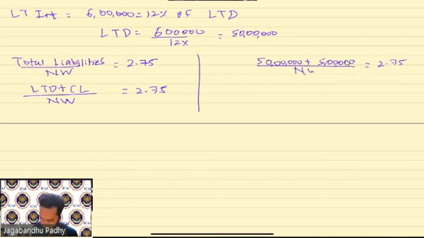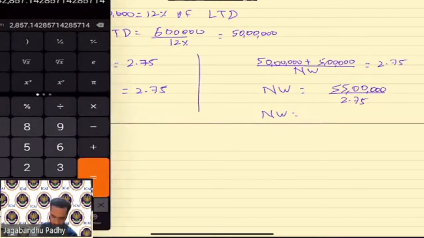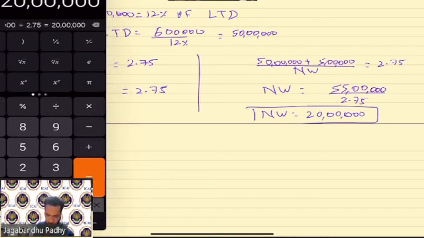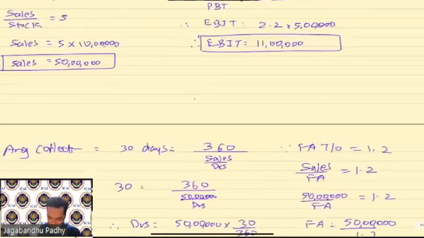So divided by net worth, we can say our net worth is 55 lakh divided by 2.75, which is 20 lakh. Net worth is 20 lakh.